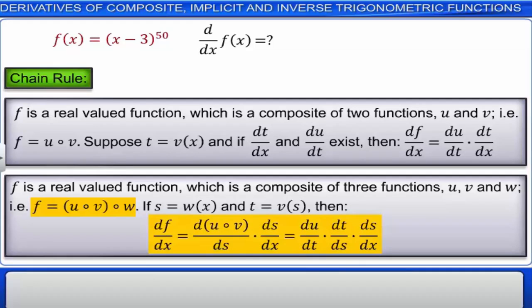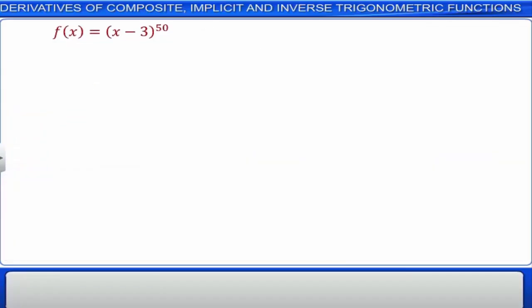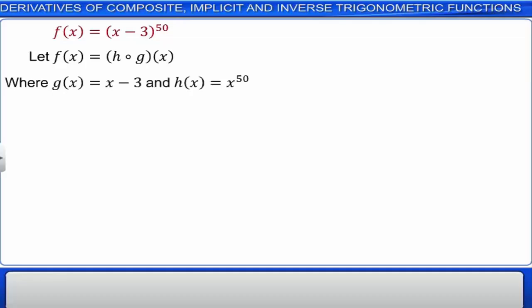Now, let's apply the chain rule to differentiate f(x) = (x - 3)^50 with respect to x. Clearly, function f is a composite function. Let's define the function as h∘g(x), where g(x) = x - 3 and h(x) = x^50. Suppose t = x - 3. This implies that f(x) = h(t) = t^50.